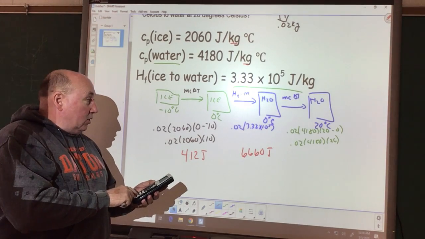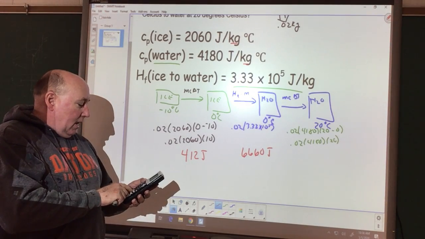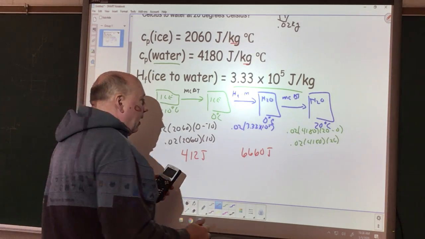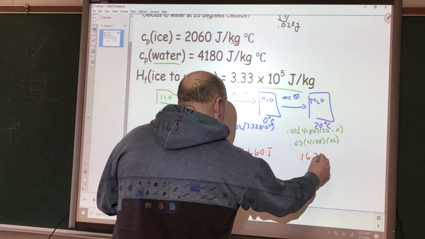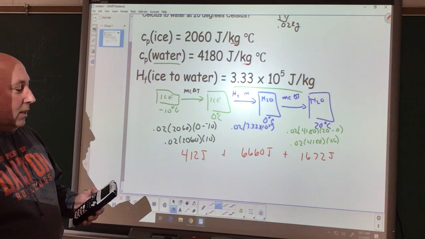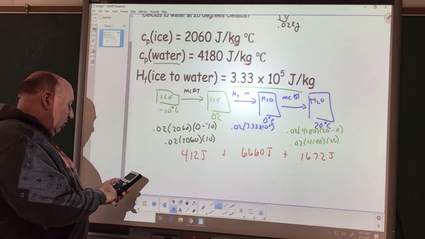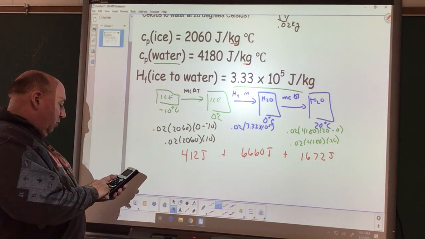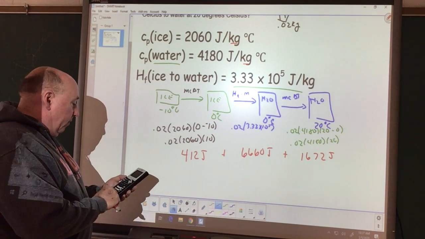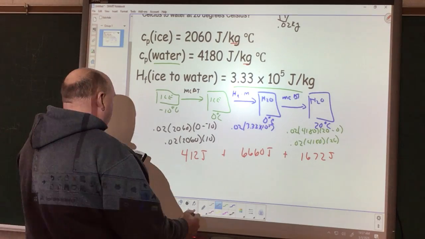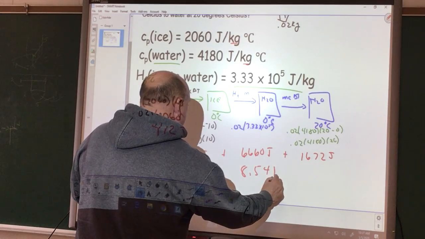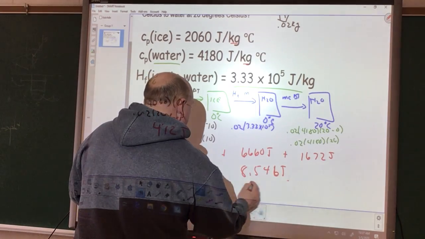Then we have 0.02 times 4180 times 20. So we have 1672 joules. And to figure out the amount of heat, we just have to add these together. So we add 412 plus 6660 plus 1672, and we get a total of 8,746 joules.